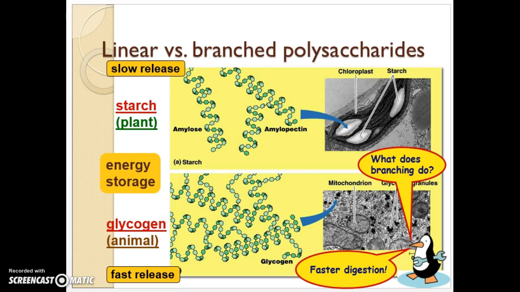So again, animals store glucose in a polysaccharide called glycogen, and they essentially have a day's supply of glycogen in their liver and muscles. So that's enough to break down and supply the body for a day's worth of energy. And that energy is obtained by hydrolyzing the polysaccharide to release the glucose to meet the body's demand for sugar.